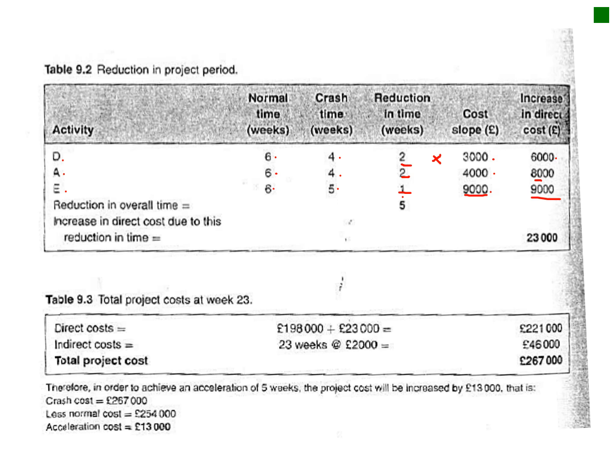So reduction in overall time, we've decreased our project with 5 weeks, and it had an additional cost of 23,000 pounds.